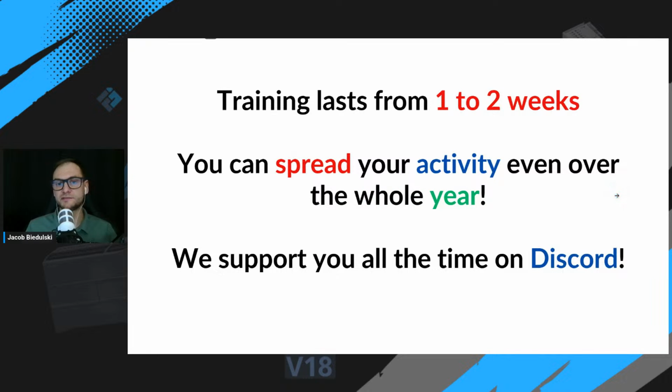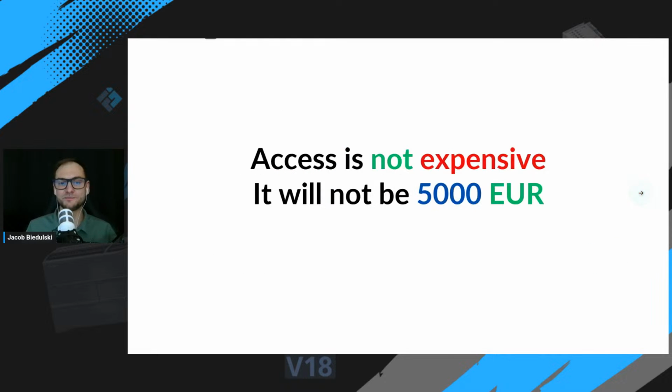The training takes from 1 to 2 weeks, but you can spread your activity even over the whole year. There is no time limit, and we support you all the time on our Discord channel. Access is not expensive. It is not 5,000 euros like stationary training.